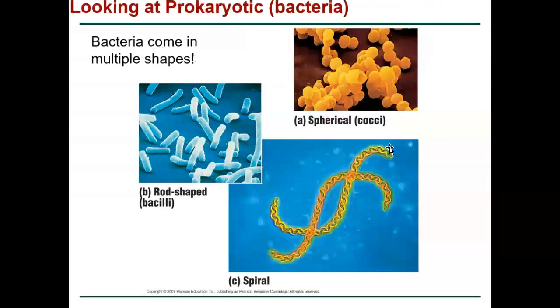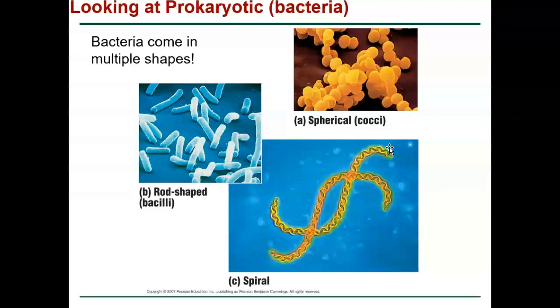So if we look at prokaryotic cells, they come in many shapes. We'll be looking at this further in chapter 15, but I do not have it in the study guide this time, but we will talk about these next time. So you've got the 3 different kinds of shapes.